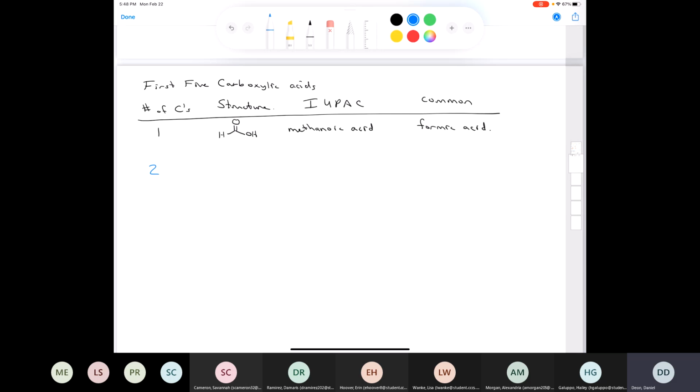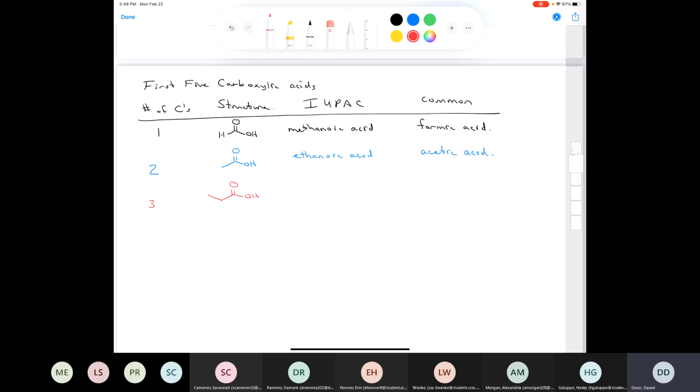If we go to 2 carbons, then we would have a carboxylic acid that looks like this. The IUPAC name is ethanoic acid, and its common name is acetic acid. It's the acid that's found in vinegar. If we go to 3 carbons, we're going to have a carboxylic acid that looks like this.